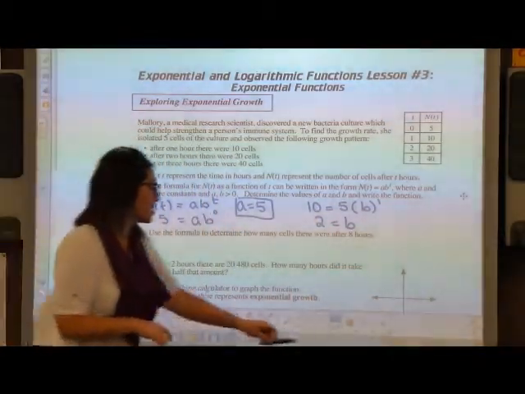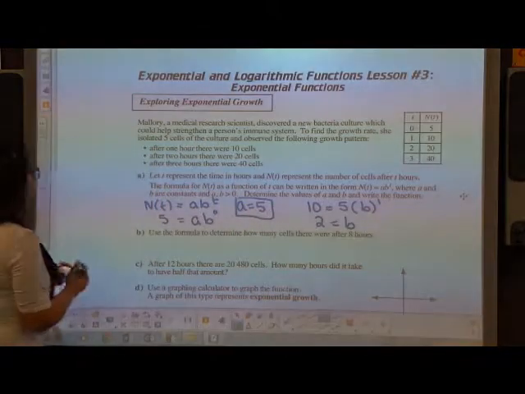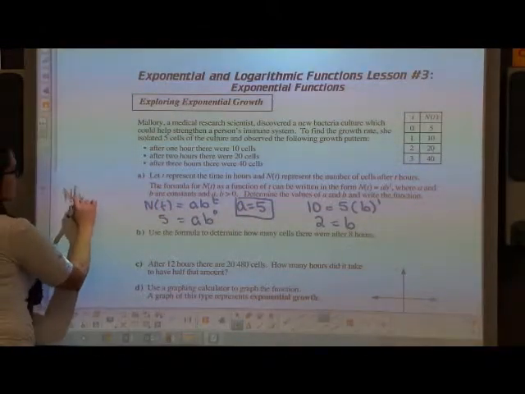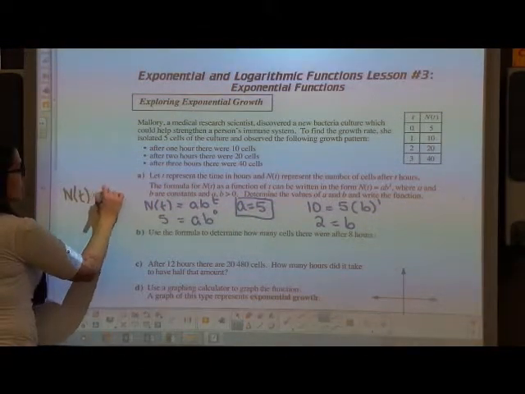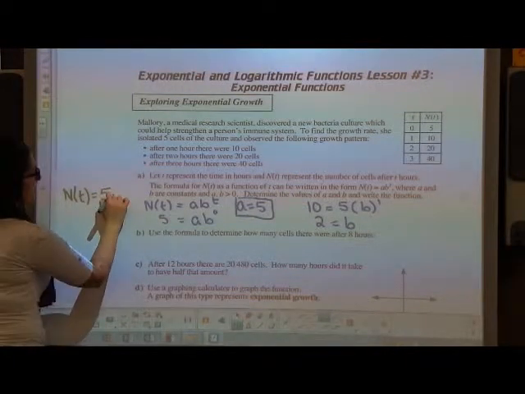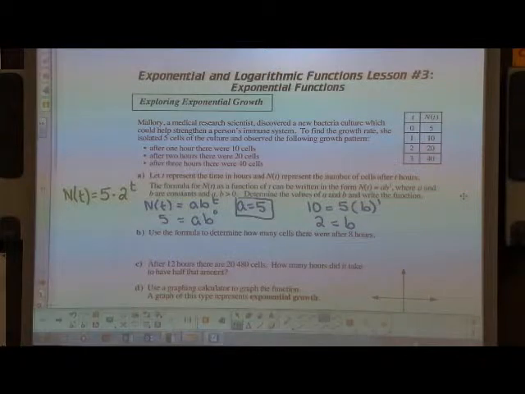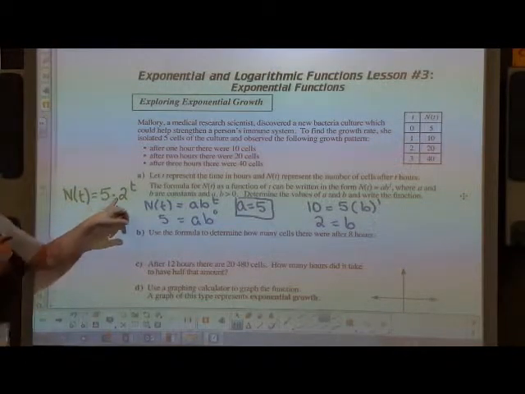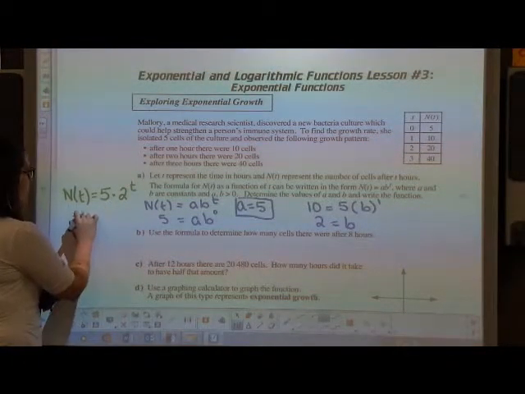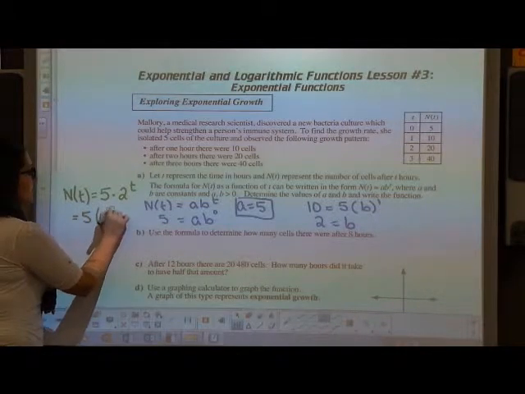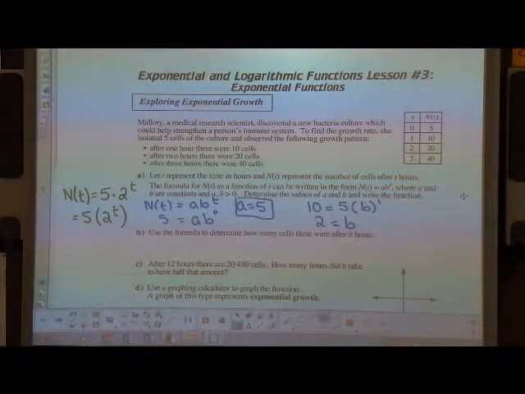So my function becomes n of t equals 5 times 2 to the power of t. I can use a dot between them, or I can use brackets. 5 times 2 to the power of t.